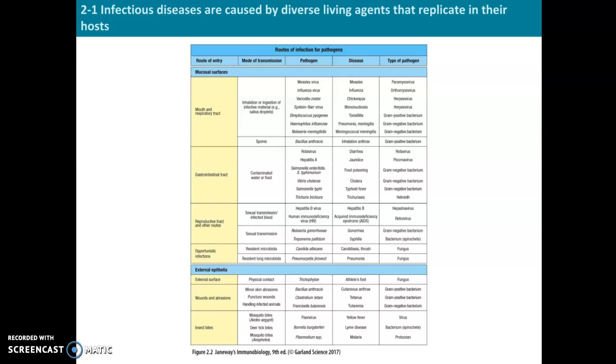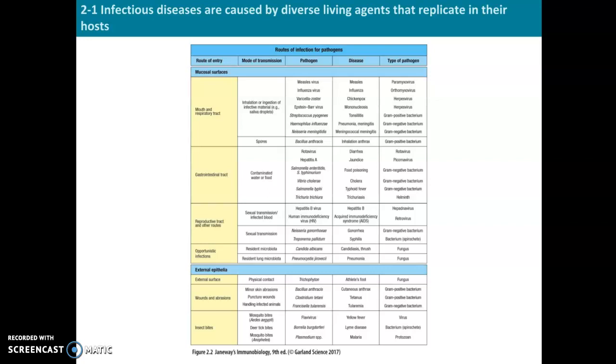And those are both bacteria, one gram positive and the other gram negative, respectively. Something like Bacillus anthracis is also a gram-positive bacteria, but it would be inhaled as a spore and cause inhalation anthrax. So that would be the mouth and the respiratory system.